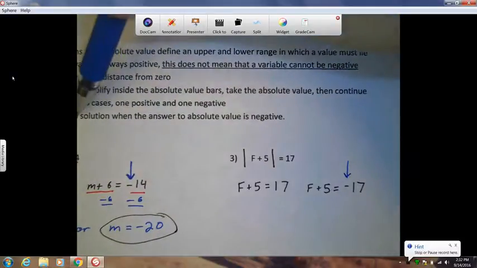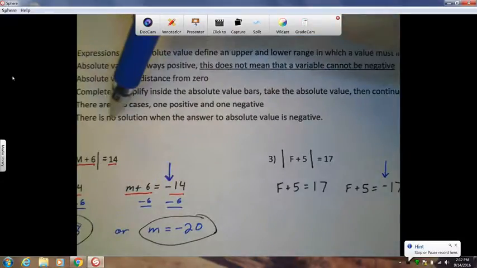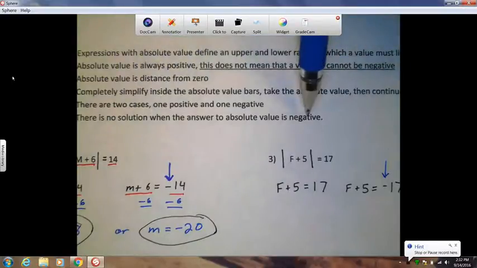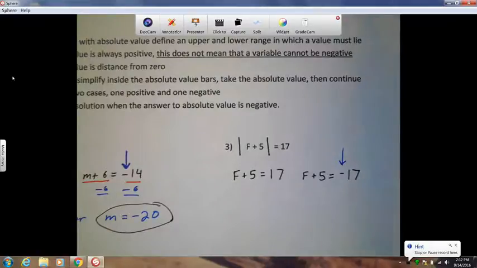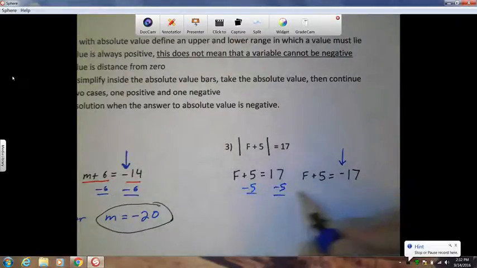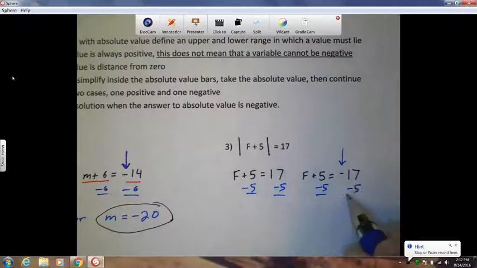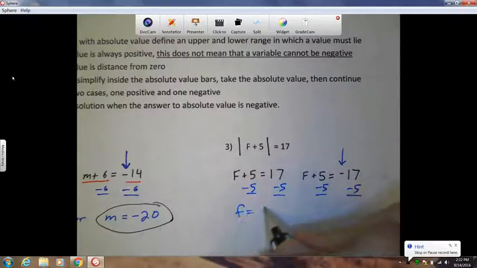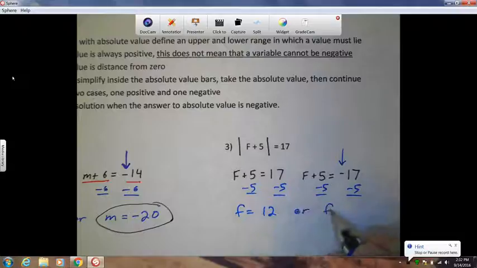Remember, no solution if the answer to absolute value is negative, but it's positive, so I'm okay. So now I just solve these the same way. Minus 5, minus 5, minus 5, minus 5. So f is equal to 12, or f is equal to negative 22. So those are my two possibilities.